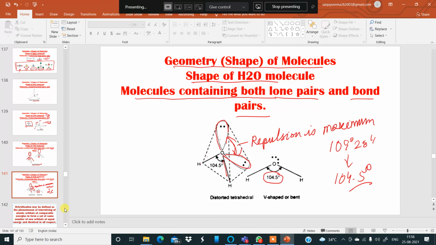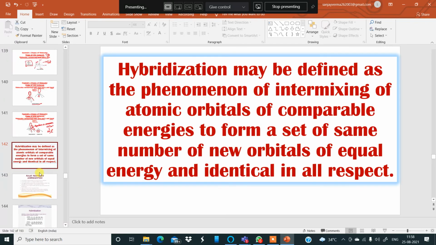That is intermixing of communities. But here in chemistry, hybridization strictly means mixing of atomic orbitals. Now have a look at the next slide.